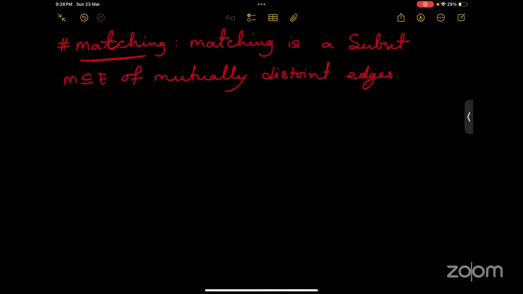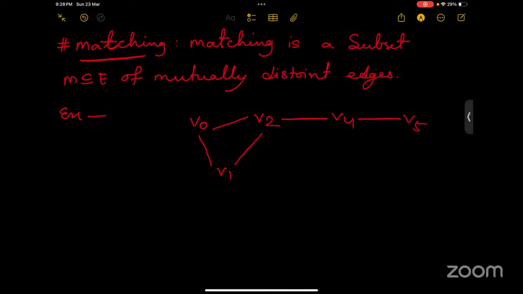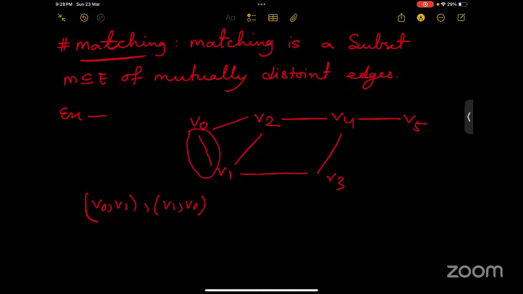If I take an example, suppose this is our graph. If I take V0, V1, that means we are taking this edge.